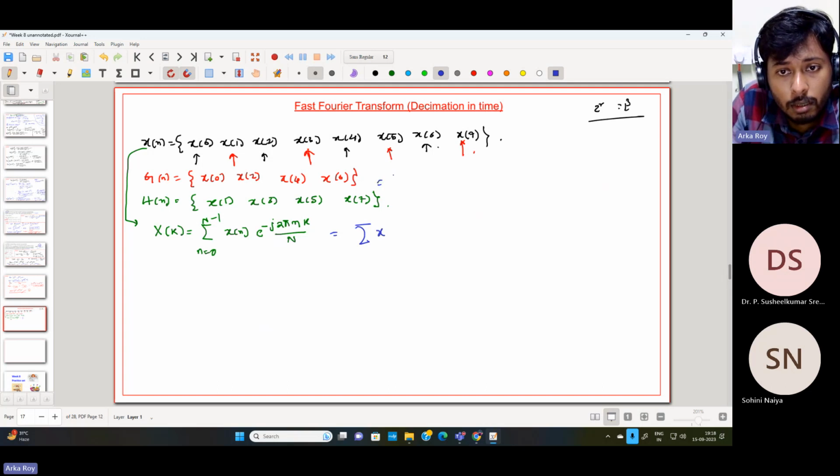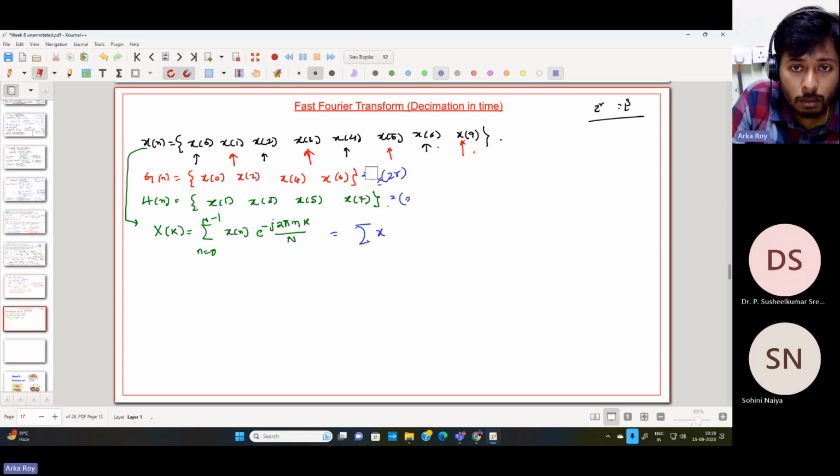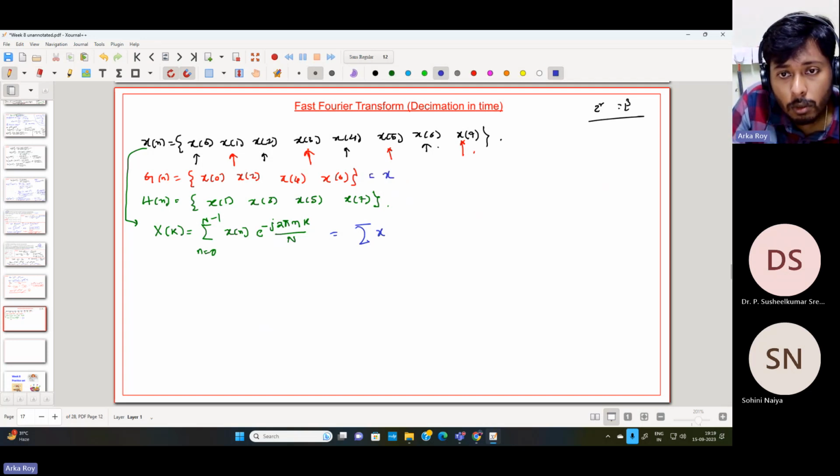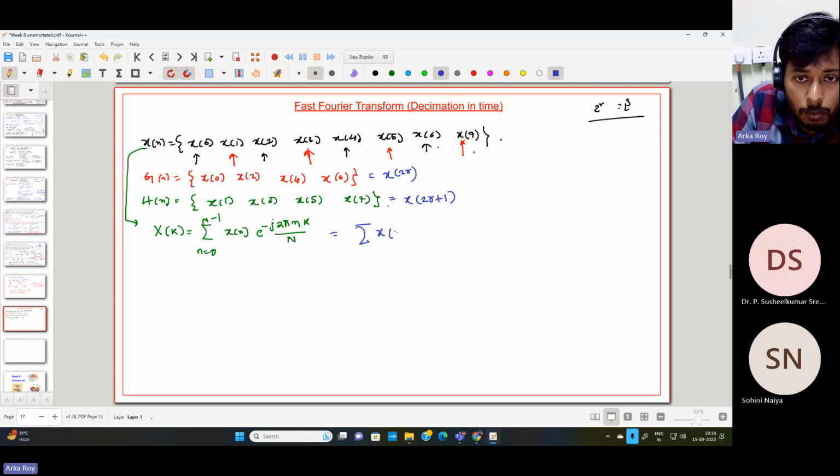So this part is x of 2r, and this part is x of 2r plus 1. So x of 2r e to the power minus j 2 pi, then 2r, then k over N. And then I can write another component.